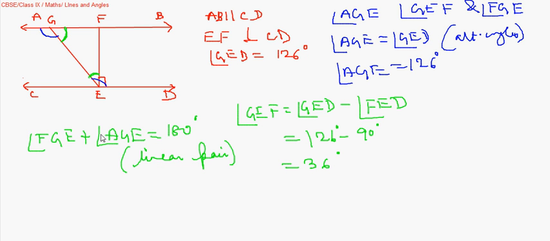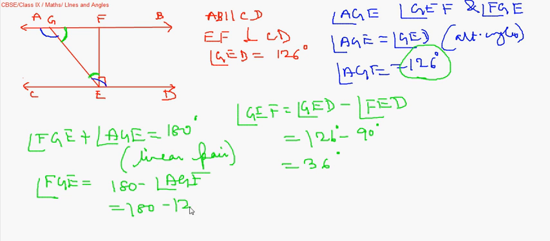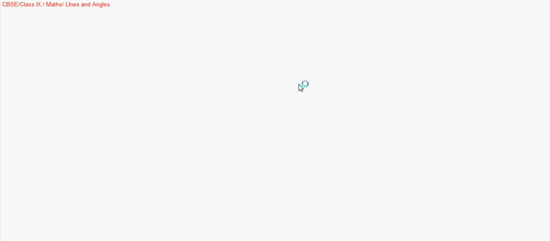So angle AGE was 126 degrees, so angle FGE will be 180 minus angle AGE, that's 126. That makes it 54. Rather, I'll leave the next question for you to solve by yourself.